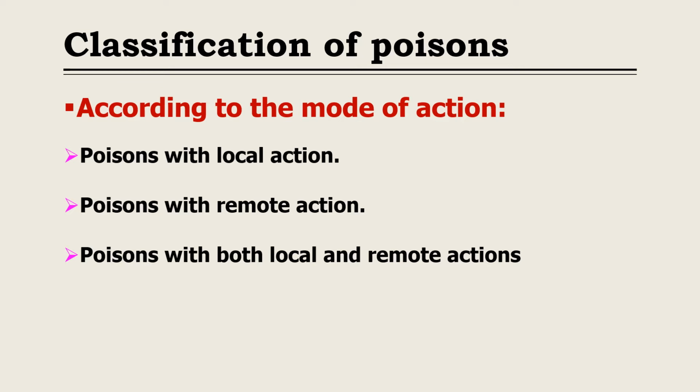And again, I mean here by corrosives mineral acids like sulfuric acid, hydrochloric acid, or nitric acid, and caustic alkalis like caustic soda and caustic potash. Okay, this is the local action.